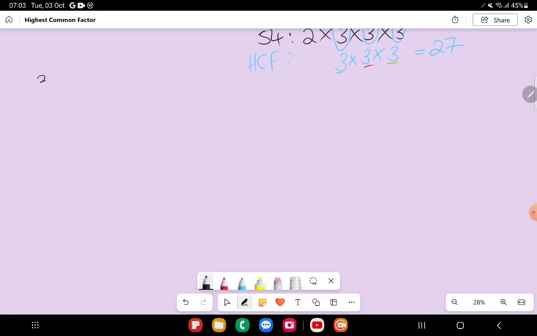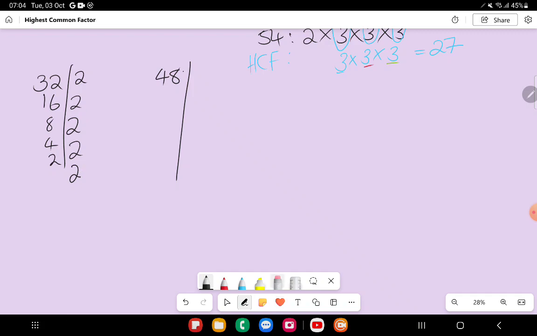So if I say factors of 32 and factors of 48, I am going to say divide by 2 gives me 16, divide by 2 gives me 8, divide by 2 gives me 4, divide by 2 gives me 2, divide by 2 gives me 1. 48 divided by 2 gives me 24, divide by 2 gives me 12, divide by 2 gives me 6, divide by 2 gives me 3, divide by 3 gives me 1.